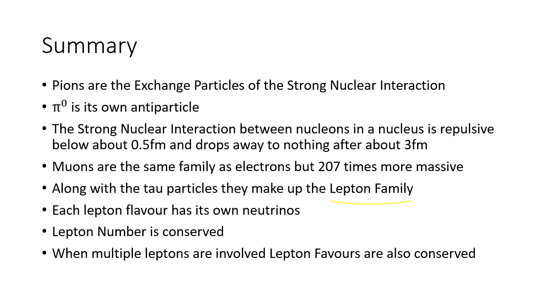And why neutrinos do that is a massive conundrum in particle physics right at the moment, and massive particle detectors are being built to try and work out why it is things that leave the sun as electron neutrinos on the way between the sun and the earth change so that they become a mix of electron neutrinos, muon neutrinos and tau neutrinos. No one's really quite sure why they're doing that.